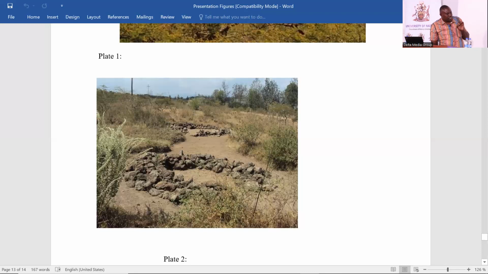But the most important thing in this study is to understand the space needs of these features, which I will describe as we move on. Different structures within a given spatial location may have had a social connection.